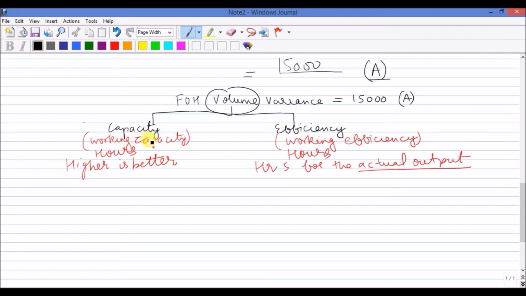So I am going to do capacity. It is related to working capacity. If your working capacity has increased, then the variance is going to come favorable. So it's very simple. It's budgeted hours minus the actual hours, and this you have to multiply by the recovery rate per hour.